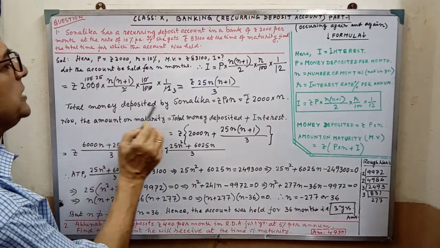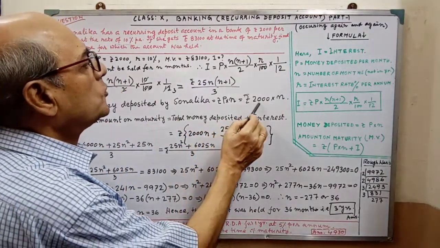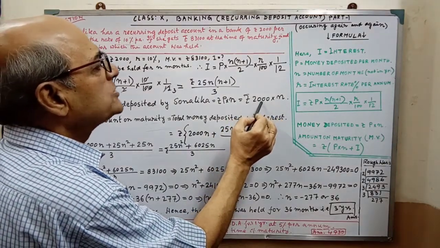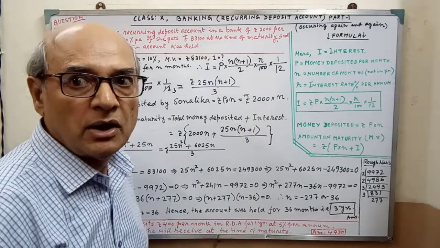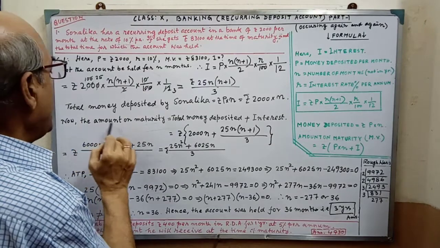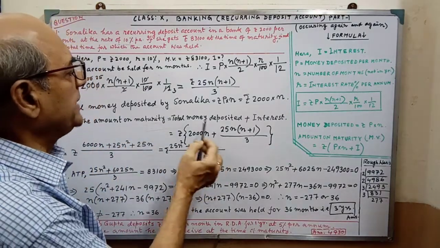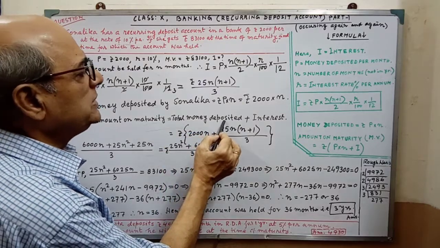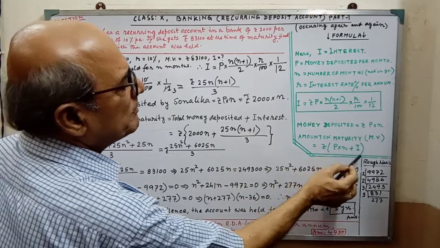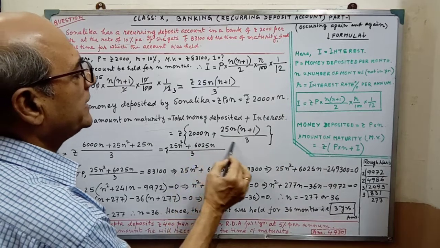Now total money deposited by Sonalika, that is rupees 2000 into n. This is the monthly installment and this is the number of months. And now the amount on maturity, that is total money deposited plus interest. By applying this formula, we are getting this.